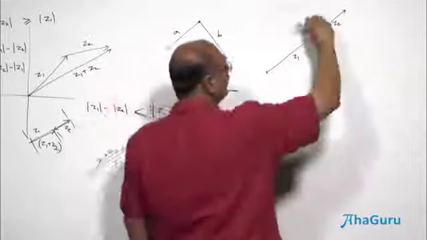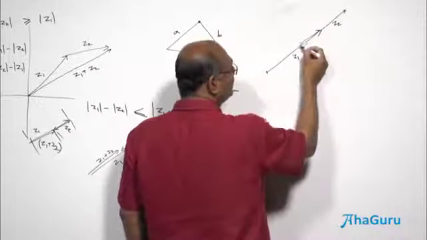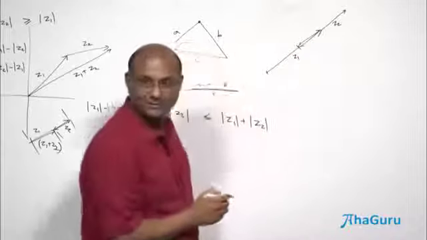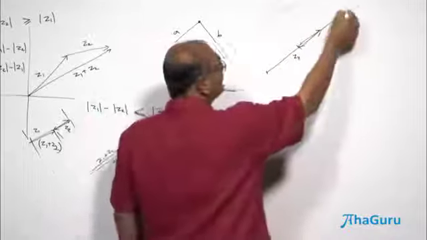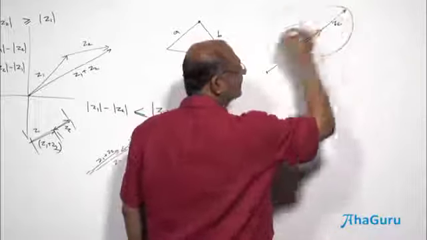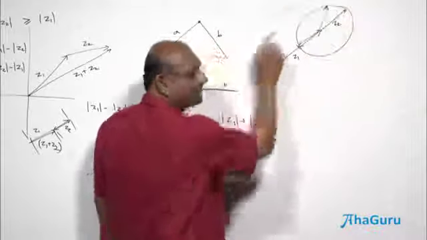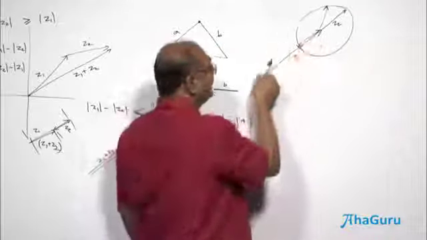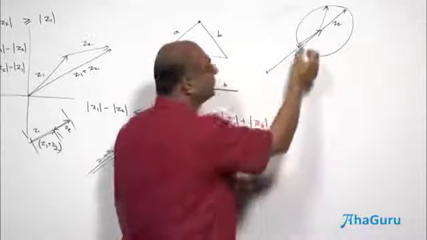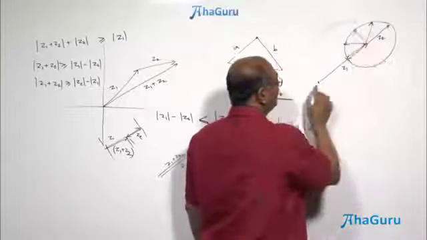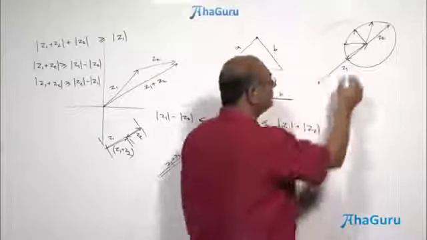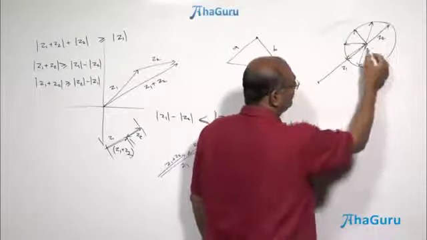If Z2 was like this, Z1 plus Z2 will be this long. Think of a circle that you draw here. Z2 can be like that, then this will be the length of Z1 plus Z2. If Z2 is like that, that will be the length of Z1 plus Z2. If Z2 is like this, this will be the length of Z1 plus Z2.